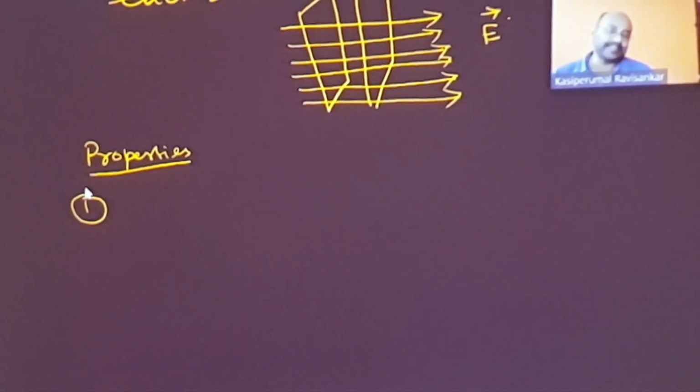Now we have to state some properties. Properties of equipotential surfaces. Let us consider the first property. What is the first property?